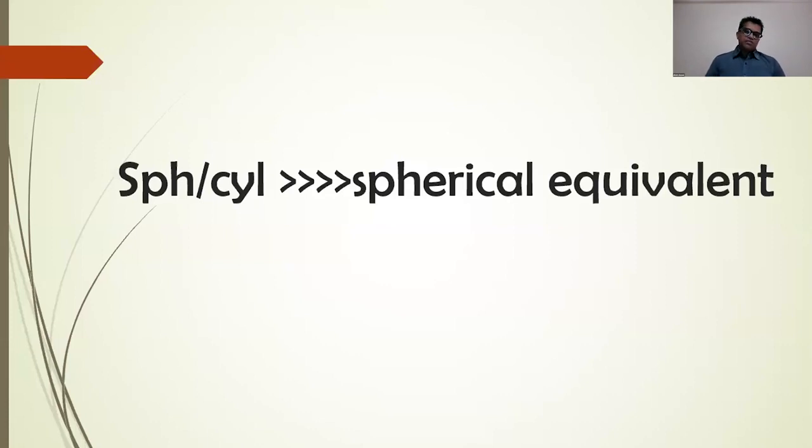So let the patient himself be the judge of how much the vision quality changes between a spherocylindrical and a spherical equivalent. Most patients agree and say that they can see much better in the spherocylindrical combination rather than a spherical equivalent.